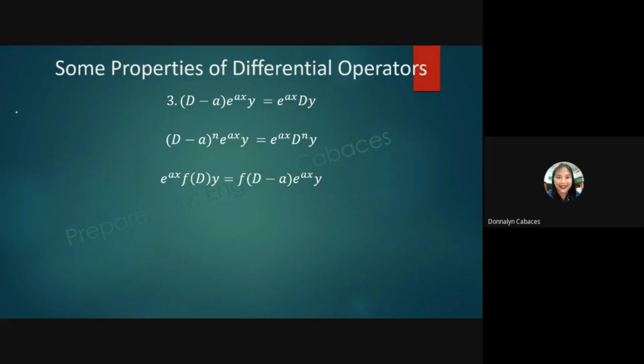So you have (D minus a) e to the ax y. So that is equal to D of e to the ax y minus a e to the ax y. So you have the derivative of the product.